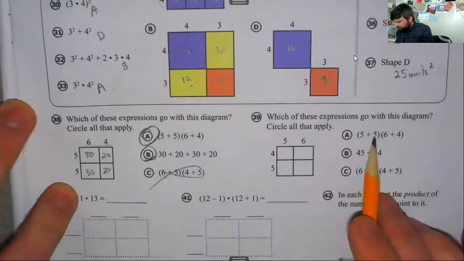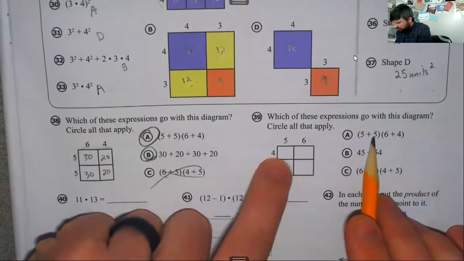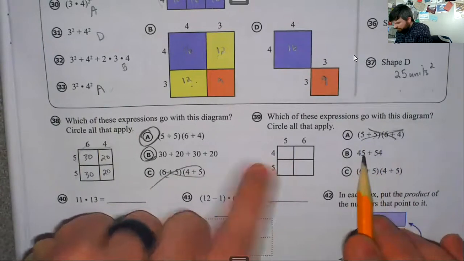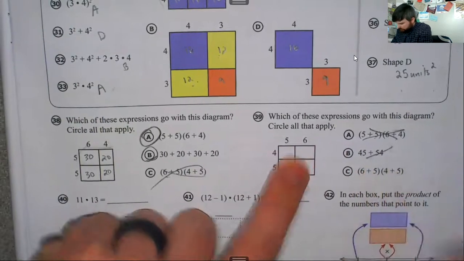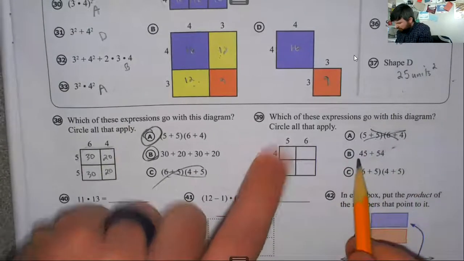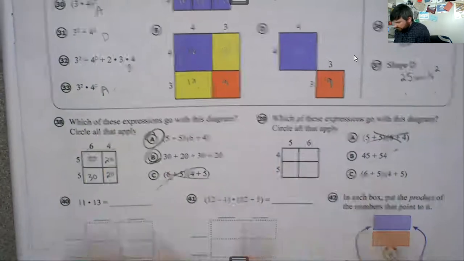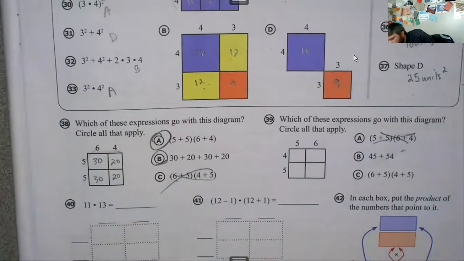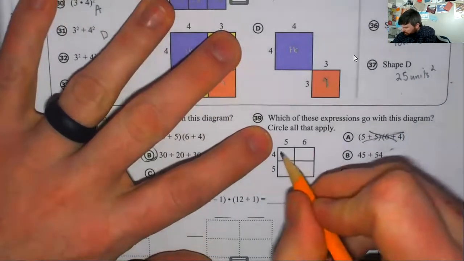Which of these expressions go with the diagram? Circle all that apply. So you have 5 plus 5. Nope. You got 45 plus 54. Okay, 45 plus 54. Or 6. Let's add these. So you got 20.